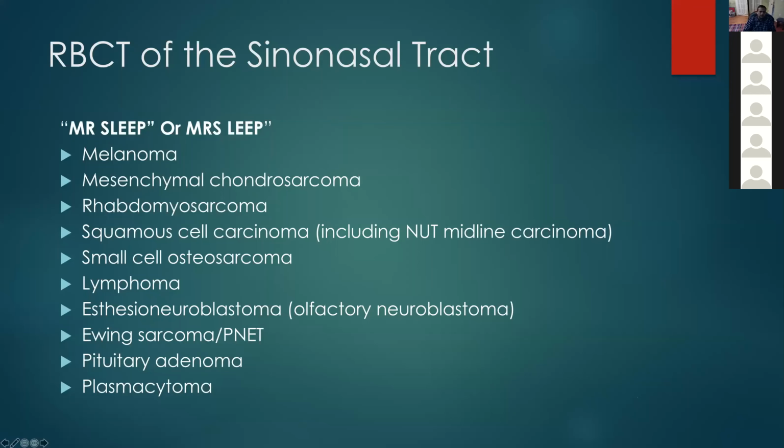So this material that you're looking at, as I said before when I started, is not my own material. This is all material that is available widely on the internet and in other textbooks and journals. So the most important, the M, is melanoma. Okay. R is rhabdomyosarcoma.